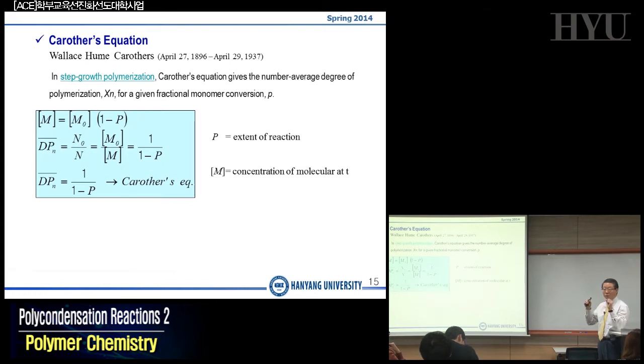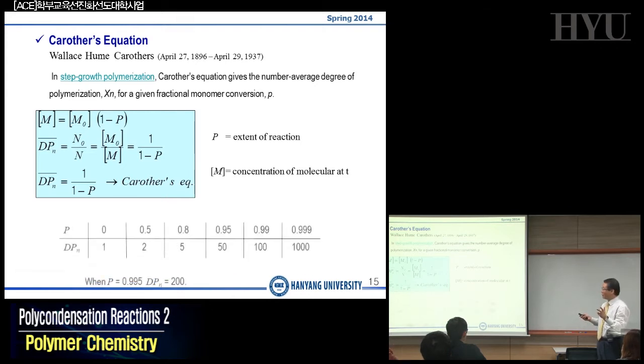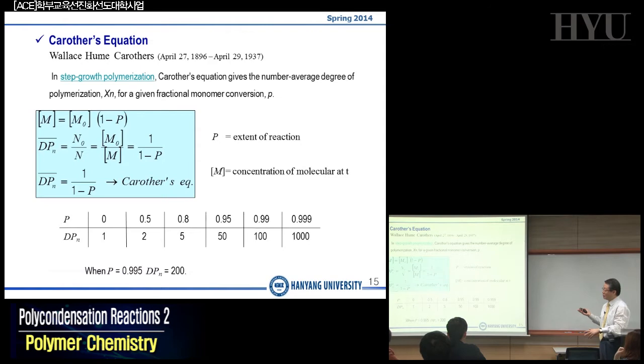So you have two functional groups that are present in your monomeric systems. If you have three functional groups, what happens? So we have to come up with a different equation in the next slide.